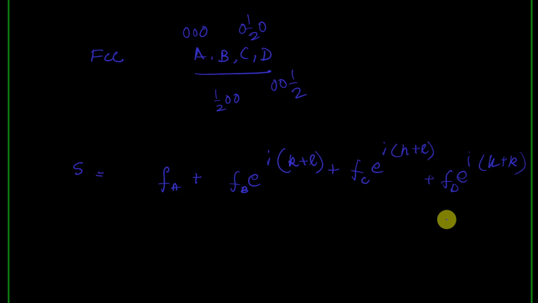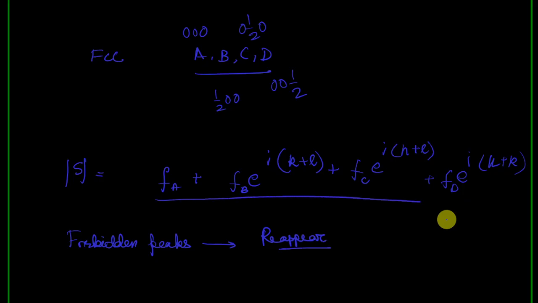That's why even the forbidden peaks will reappear if the atoms of the FCC, BCC or diamond lattice are different from each other and have different form factors, because even if the phases are destructively interfering, because of the different amplitudes they don't cancel each other exactly. So it can be Fa minus Fb plus Fc minus Fd, for example, for destructive interference. If all of these Fs were equal, it would become zero. But now it is not, because A, B, C, D are different atoms.